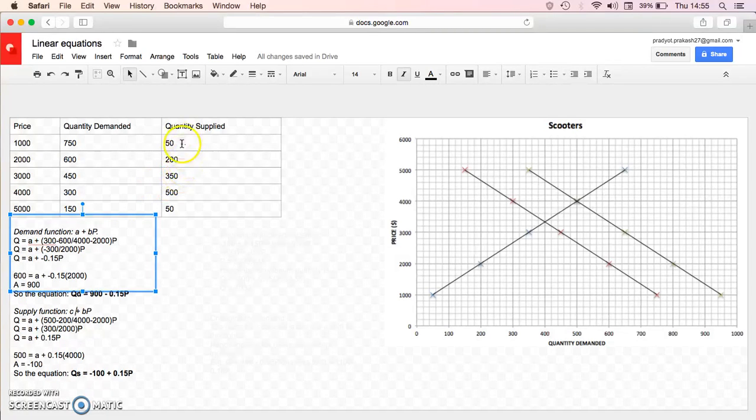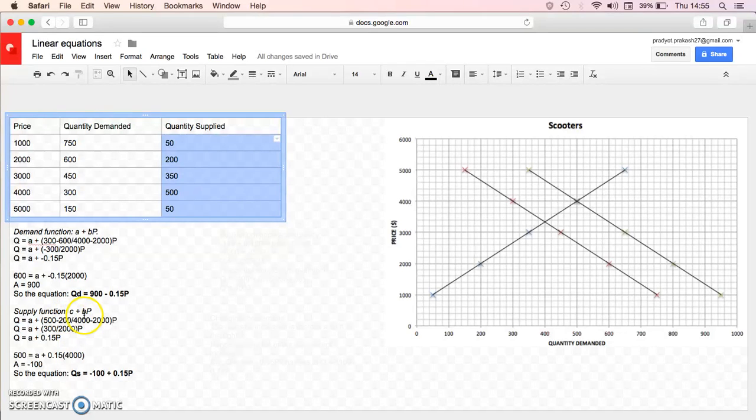We grab the values from our table, which is this column right here, plug them in, and calculate the slope. Then we do the same thing again: we substitute in two values from our table, the 500 quantity and the $4,000 price. And we figure out that our x-intercept is negative 100, which makes sense, because you can see on the graph that the line goes down, down, down, and it doesn't actually intercept the x-axis on the graph, but rather somewhere around here, which would be negative 100.